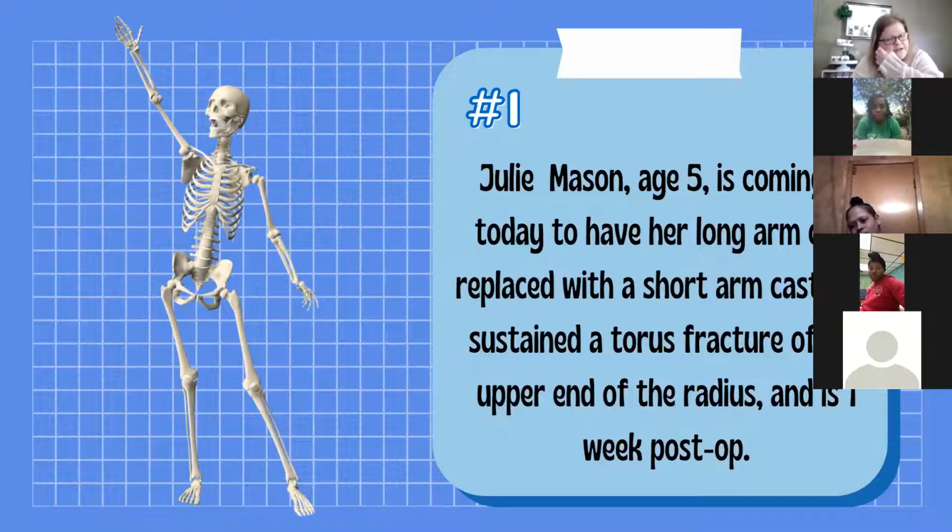So which modifier? This is going to be an additional procedure during the post-operative period, probably by the same physician. Which modifier is that going to be? Well, where do we find our modifiers in the CPT manual? Anybody know?